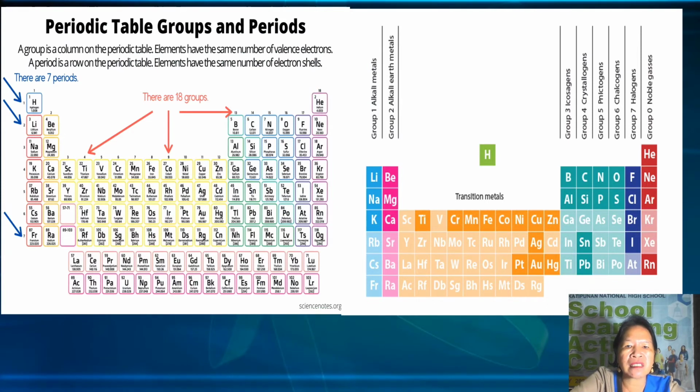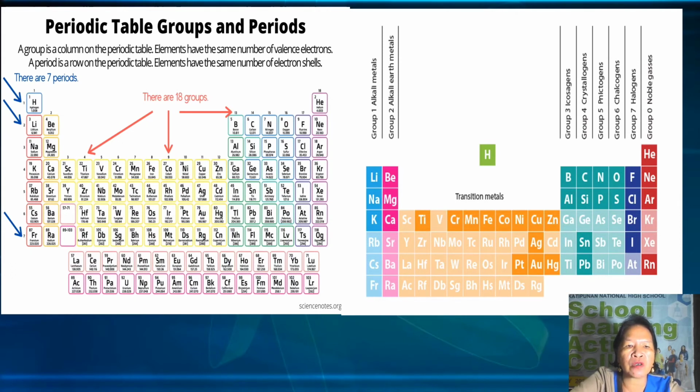Here, look at this periodic table. It is said that the atomic number is used as a guide in arranging the elements. So hydrogen here has an atomic number 1, and we have here the helium, which is atomic number 2. Then lithium, number 3, beryllium number 4, number 5 boron, number 6 carbon, and nitrogen number 7.